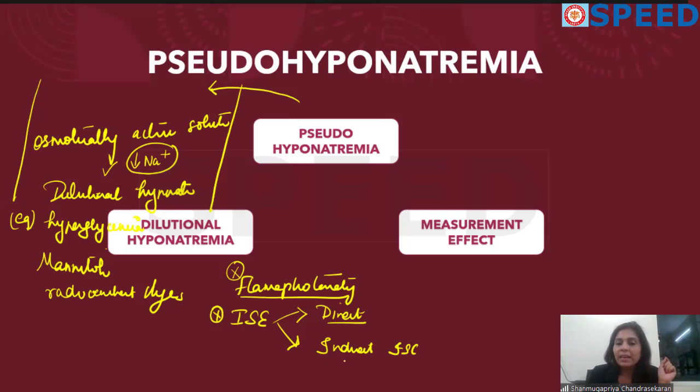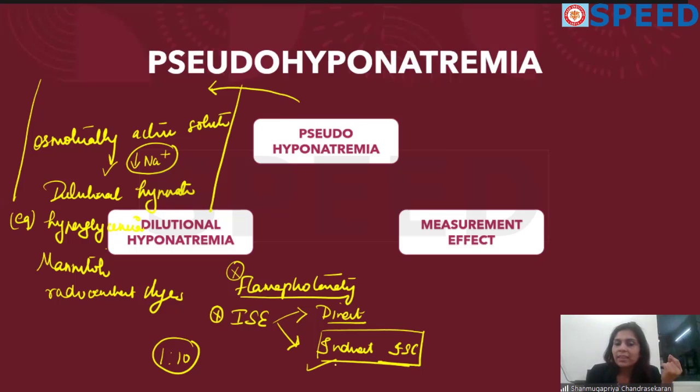All that you have to know is that in indirect ISE, we dilute the serum in the ratio 1:10, then we estimate the sodium value and multiply it by 10.